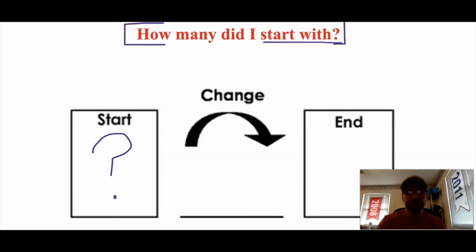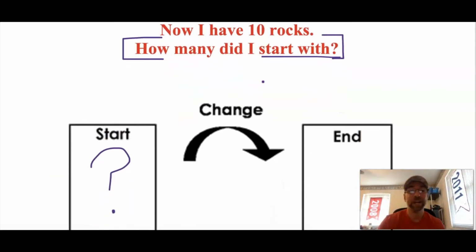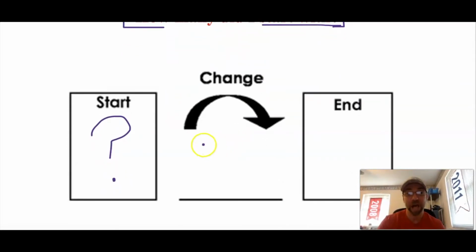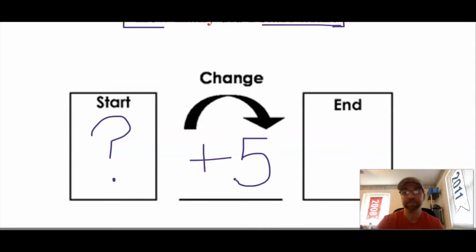Wow! Let's see if we know what the change is. I find 5 more rocks. That's our change. In our change line, we can write plus 5. That's the change in our story.